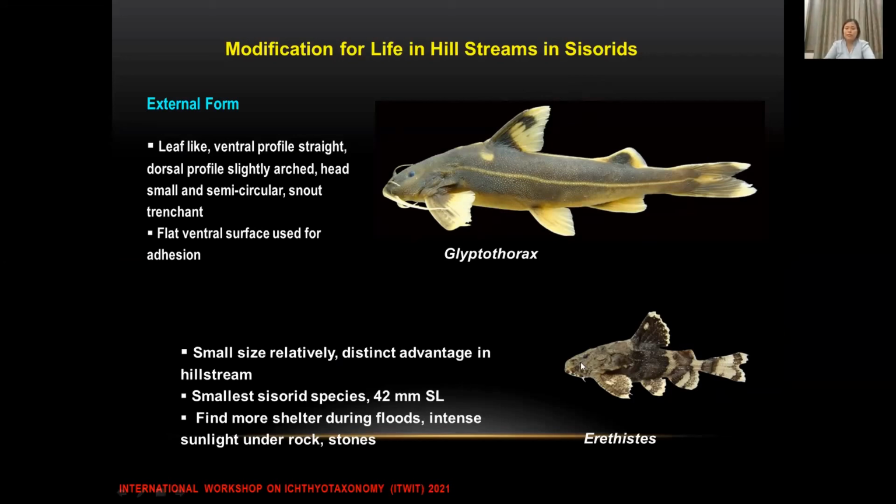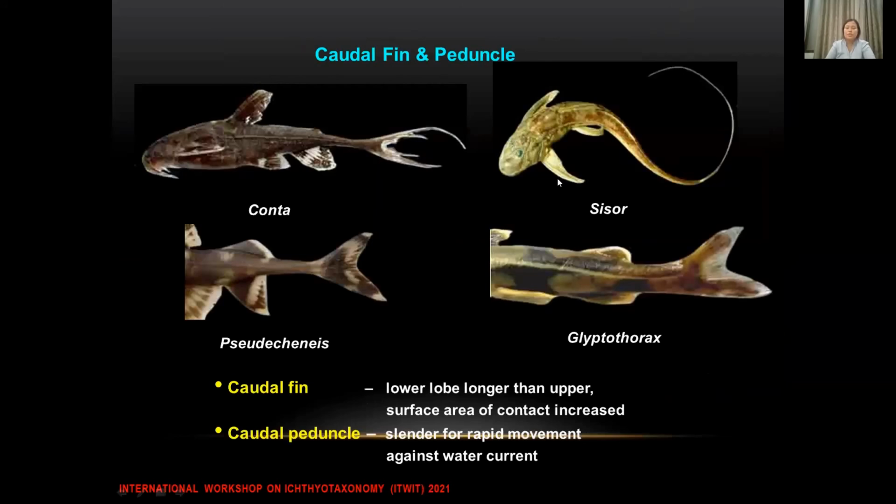Then they are relatively small in size, which is an advantage for hiding underneath the stones and pebbles. Then we can see the shape of the caudal fin. The lower lobe is longer, so there is increased surface area of contact. Then the caudal peduncle is slender so that there can be rapid movement against the water current.